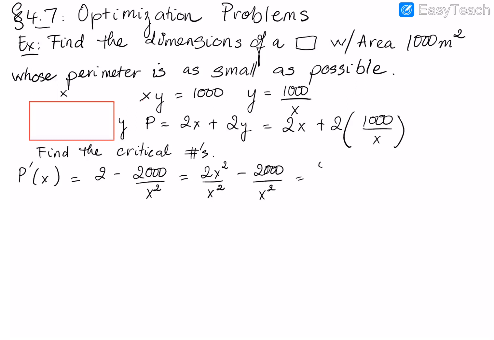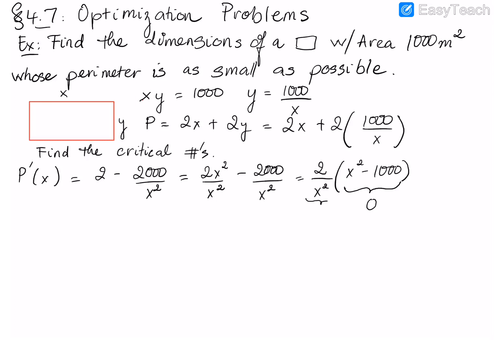So I want to factor it out: 2 times x squared minus 1,000. The reason I want to factor it is so I can set it equal to 0. As you can see, if x squared minus 1,000 equals 0, then we have the critical numbers.